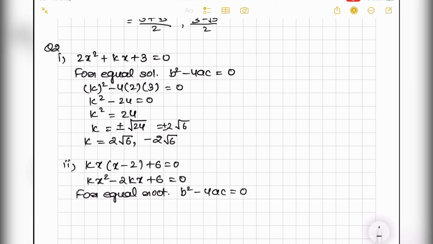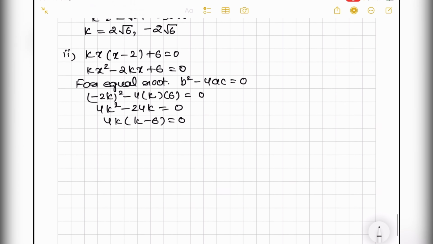So using that, minus 2k whole square minus 4 into k into 6 equal to 0. So 4k square minus 24k equal to 0. So can I say, if I take 4k common, k minus 6 equal to 0.